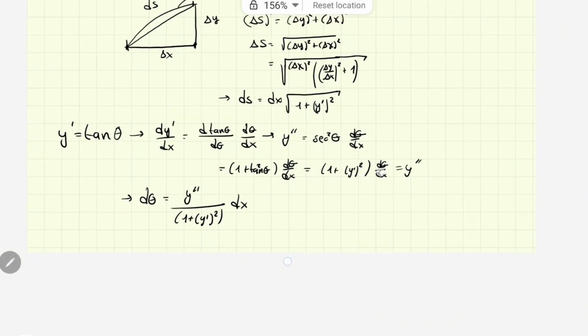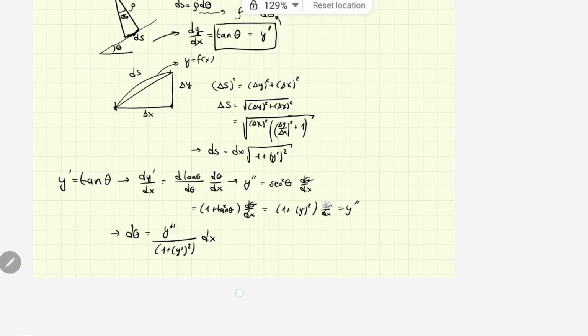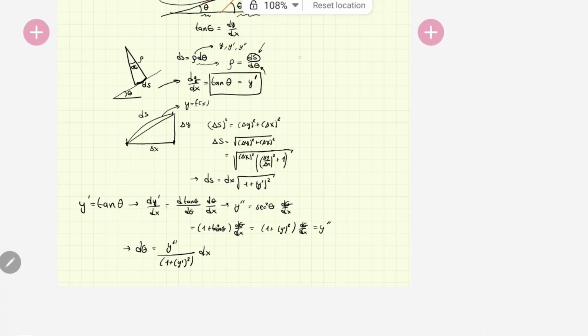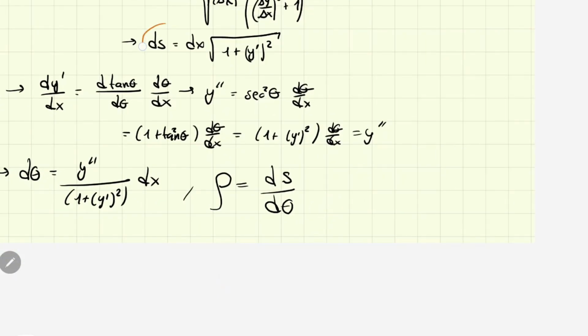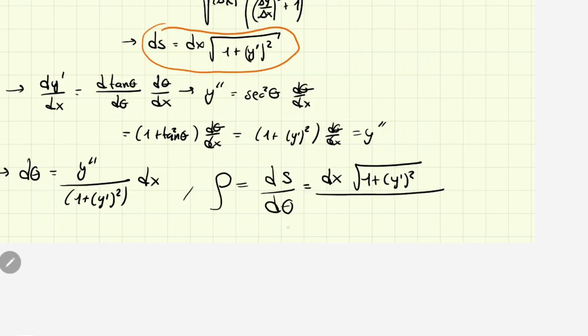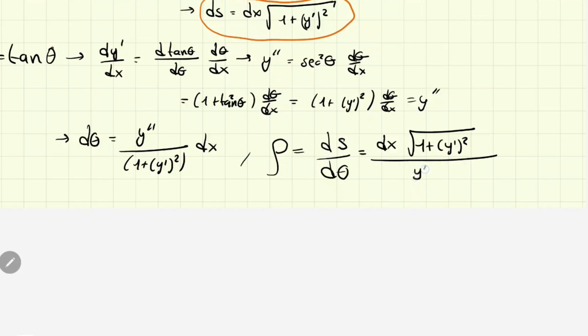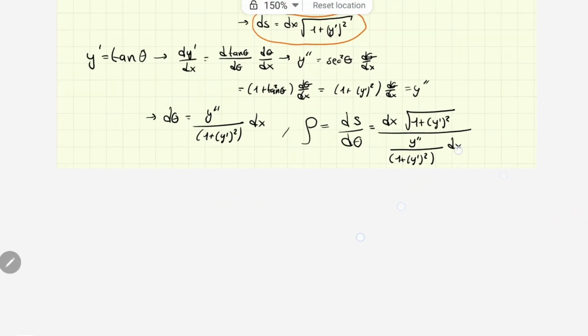Okay, so with this, we are able to construct the expression for rho. Again, looking at this formula over here, we know that rho is equal to the derivative of s with respect to theta. So ds is equal to this thing over here. We substitute that to get dx times the square root of 1 plus y prime squared, divided by d theta, which is equal to y double prime divided by 1 plus y prime squared, times dx over here.